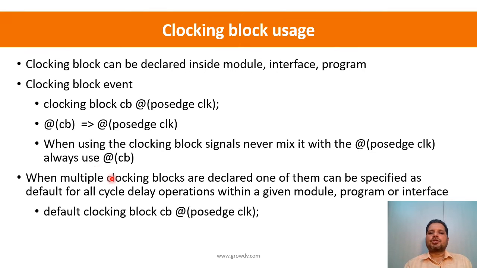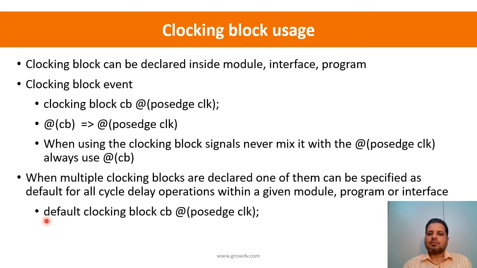And in a particular module, program block, or interface, if you have multiple clocking blocks, then for any delay operations it can become confusing as to which clock should be used. Whenever we do a double hash and a number specified delay, it can become confusing as to which clocking block should be used, and that can be explicitly specified.